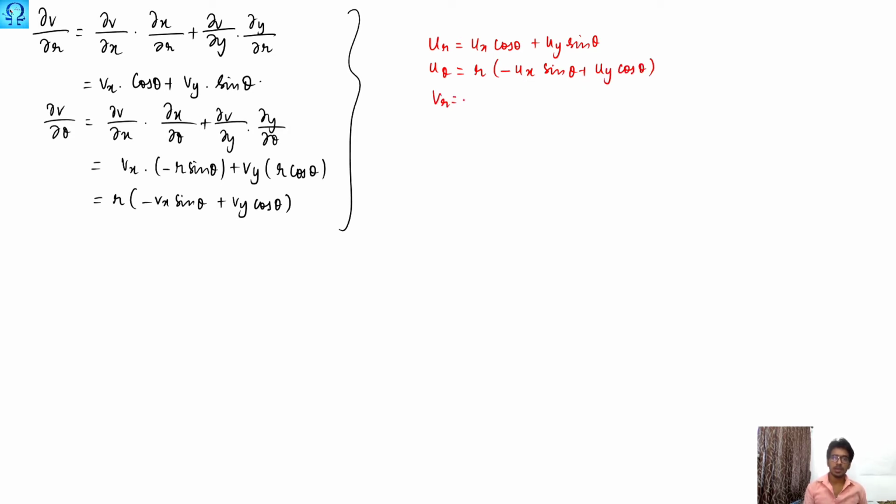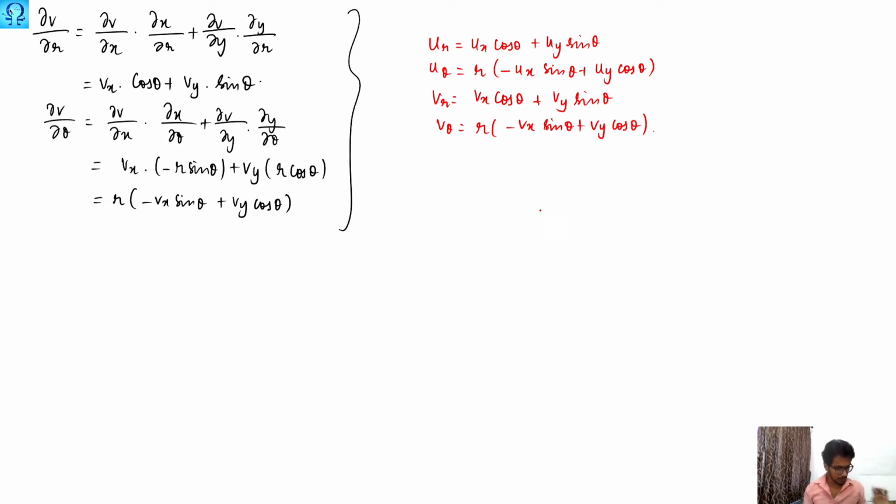And vr is vx cosine theta plus vy sin theta, and v theta is, we have taken r outside, so minus vx sine theta plus vy cosine theta.